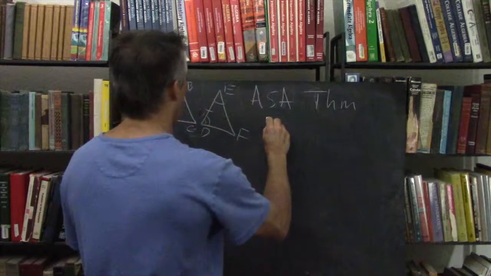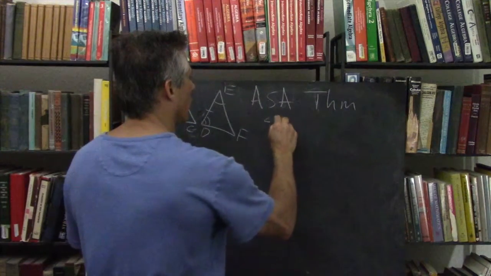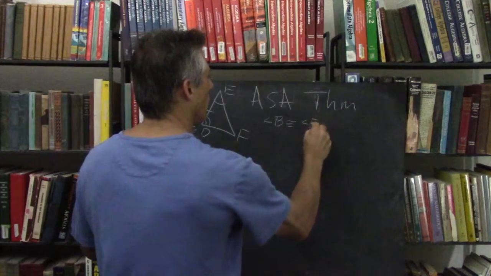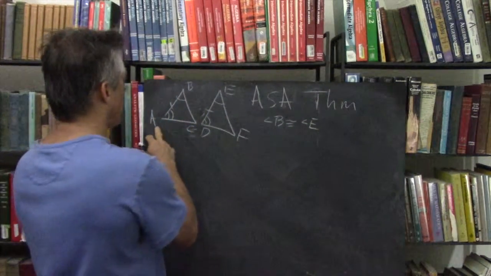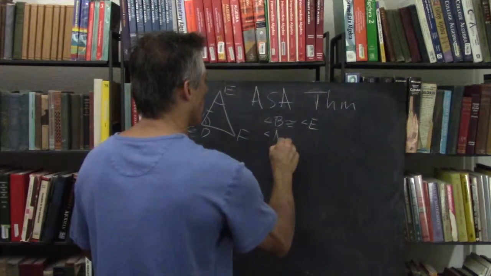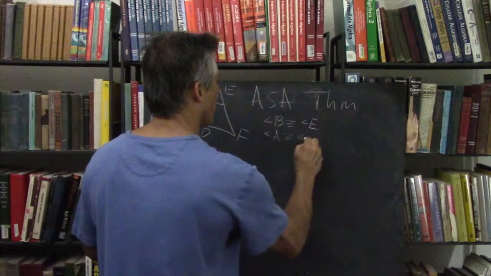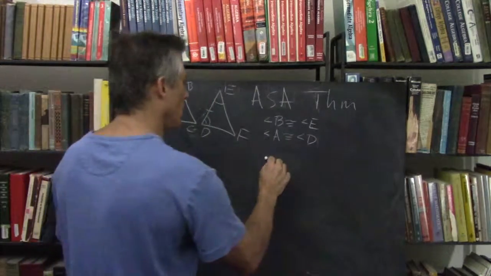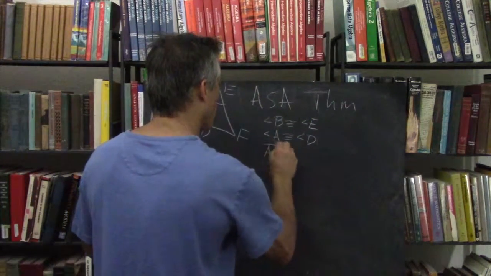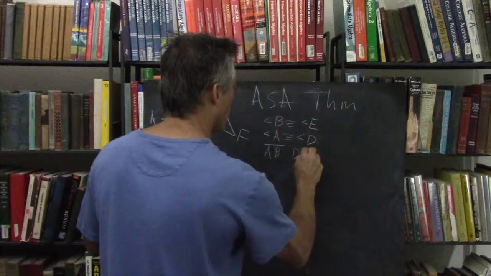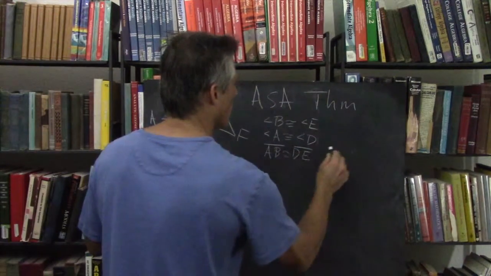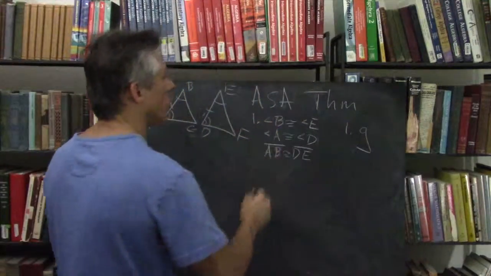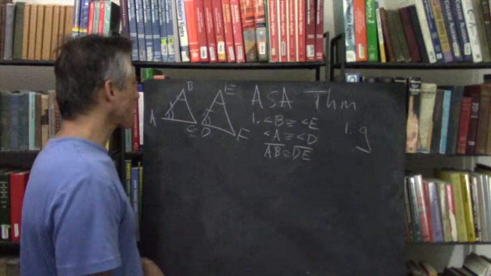So angle B, congruent, angle E, A to D, and AB, DE. I just put a G for given.